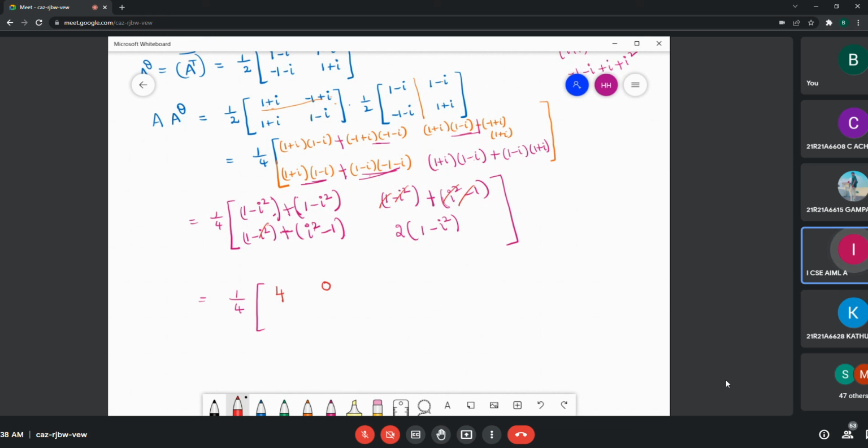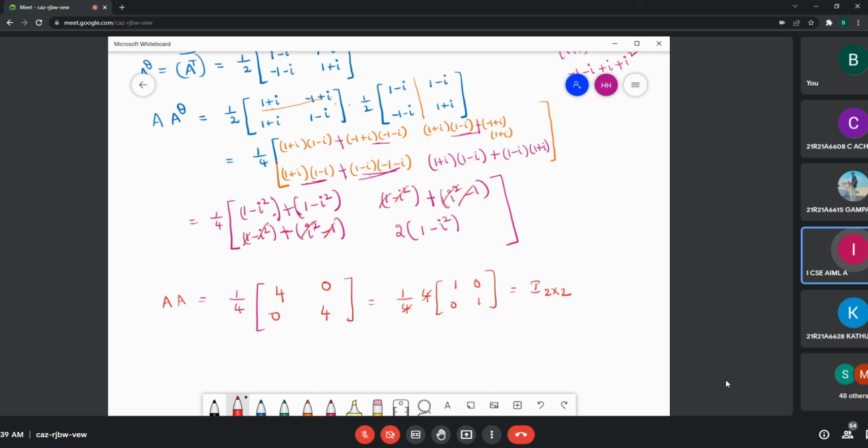And here also minus i square plus 1 minus 1, 0. So here also plus 1, 2 into 2 is 4 I got. So 1 by 4 into, taking the 4 common, 1 0 0 1. So 4 4 cancelled. This is equal to the identity matrix of order 2 by 2.